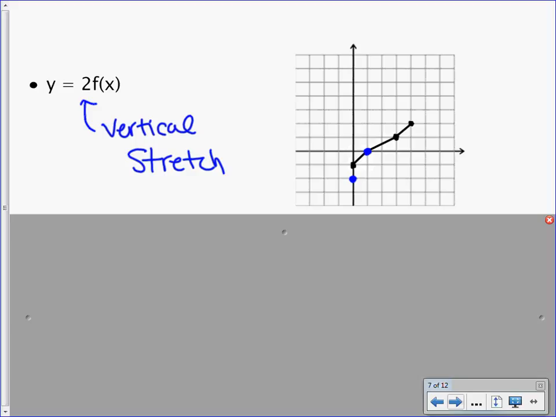This coordinate is 3, 1. 1 is our y. It becomes 2. So now it's 3, 2. Here is the coordinate 4, 2. Our y coordinate is 2. It becomes 4. So there's our new graph there. Okay, it's stretched.